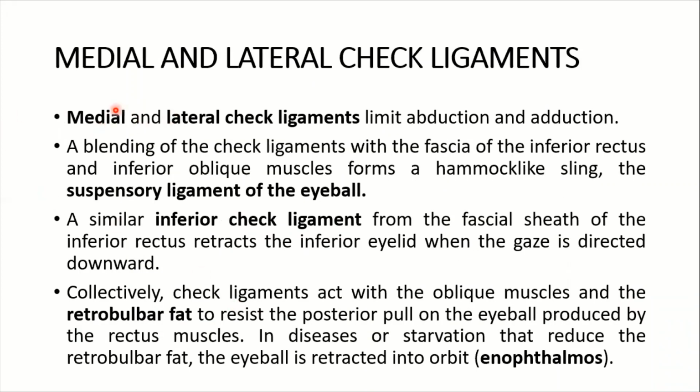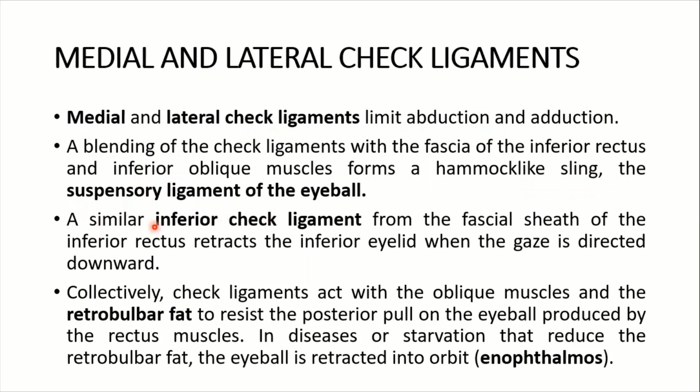So check ligaments, the medial check ligament and the lateral check ligament, are formed by the expansion of the fascial sheath of the respective muscles, the medial rectus and the lateral rectus, and they limit abduction and adduction respectively. A blending of the check ligaments with the fascia of the inferior rectus and inferior oblique muscles forms a hammock-like sling, the suspensory ligament of the eyeball.